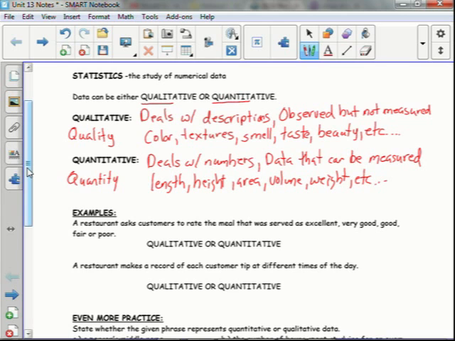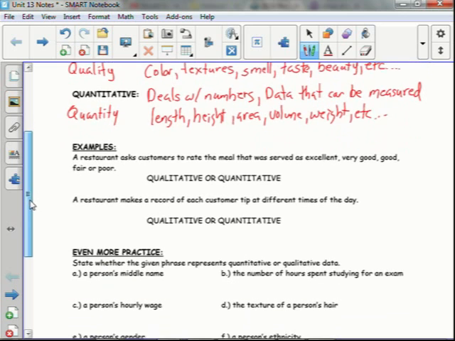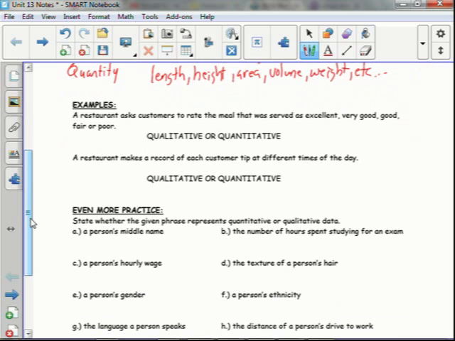All right, a couple examples just to illustrate the difference between these two. A restaurant asks customers to rate the meal that was served as excellent, very good, good, fair, or poor. That is a qualitative measure because it's not a number, it's a quality. A restaurant makes a record of each customer tip at different times in the day.